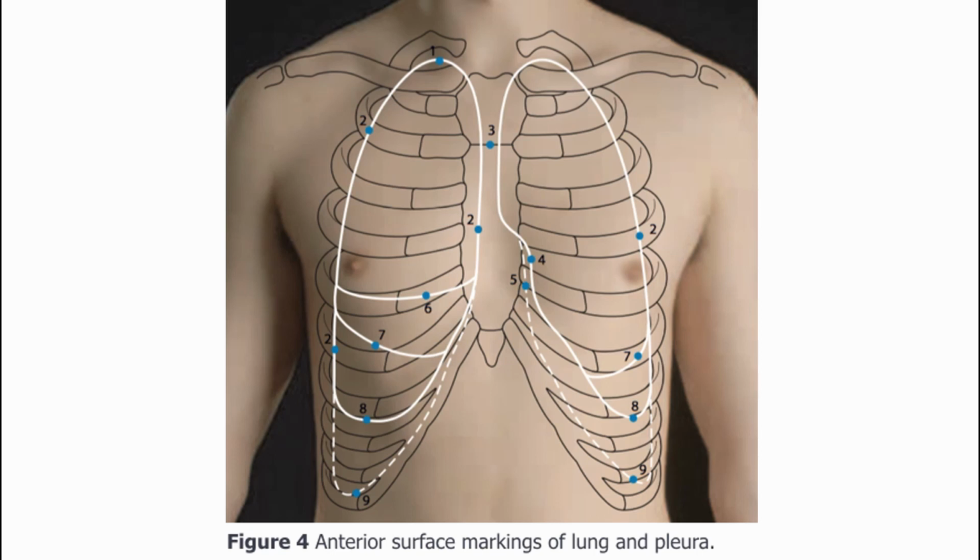On the right, the level of the lungs and the level of the pleural cavities are the same, except for the presence of only the oblique fissure.